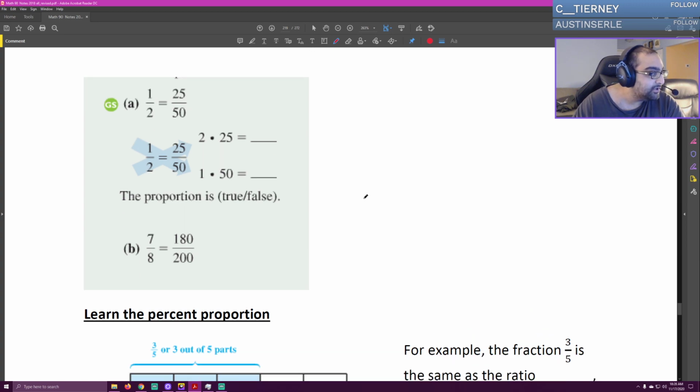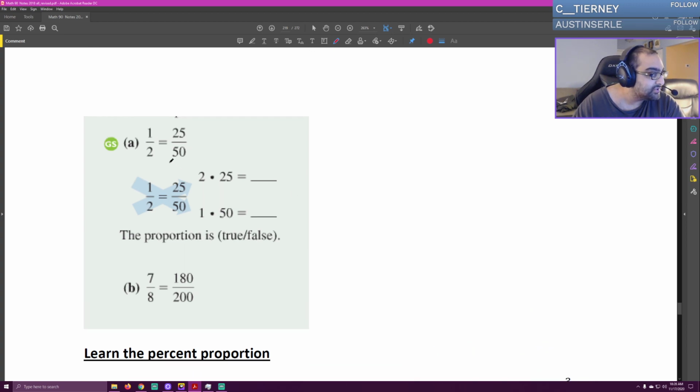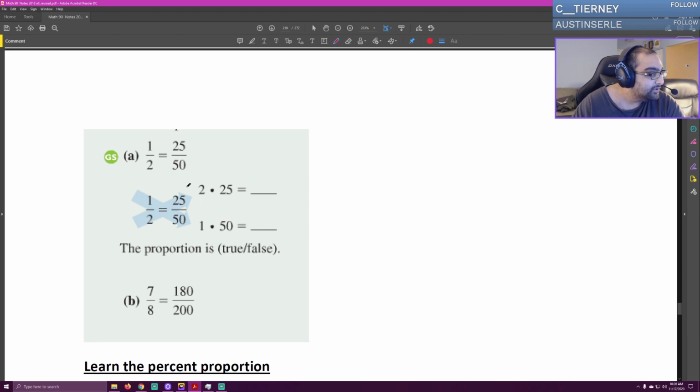Let's take a good look at this first one. It says, is 1/2 equal to 25 over 50? So this is basically something we've talked about before. As you see there, we just cross multiply. Just draw your arrows like this.